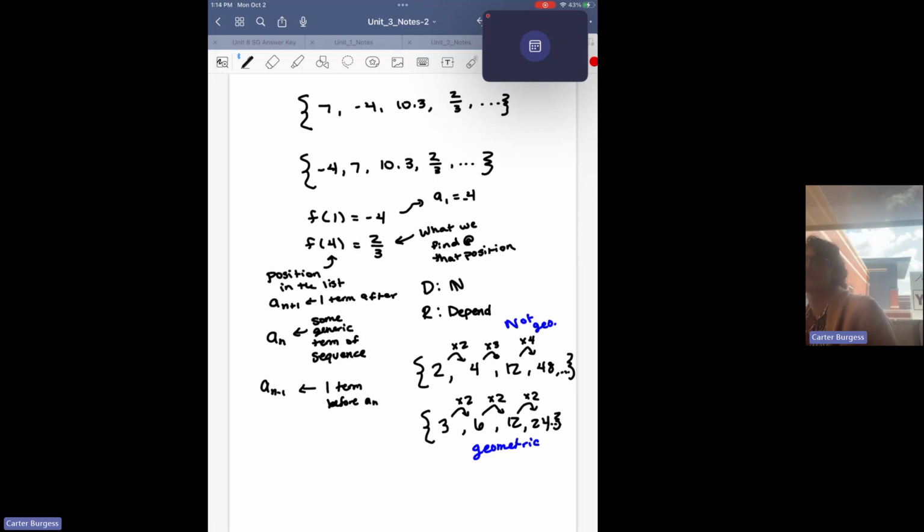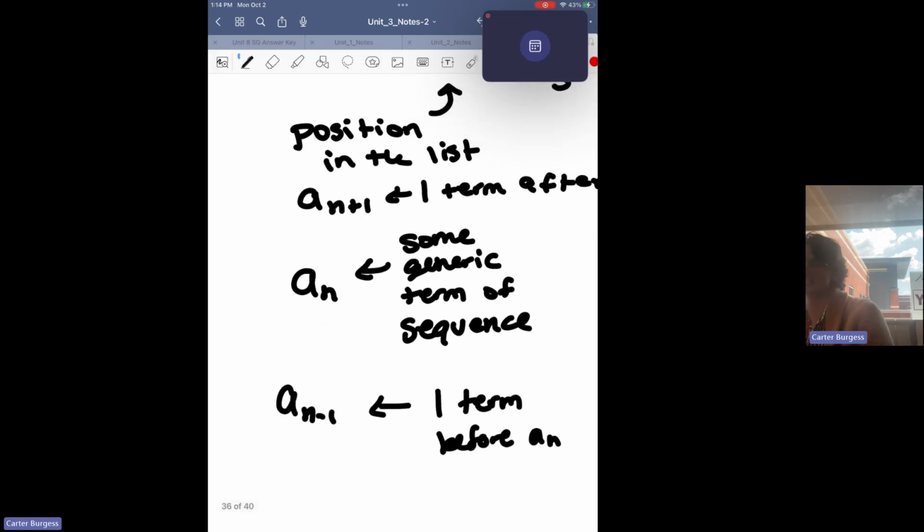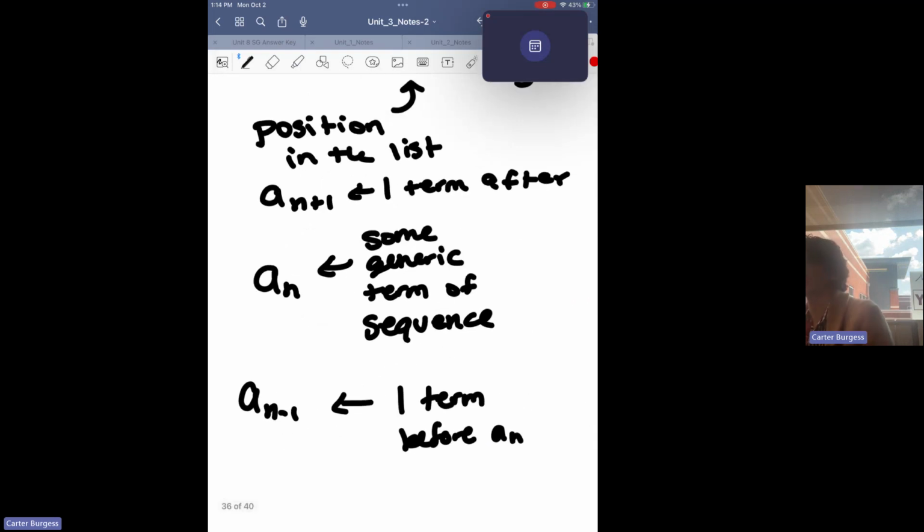We also talked about a couple of specifics. If I want to refer to a generic term, I would use a sub n. And a reminder that if I am referring to a sub n minus 1, then I am referring to the term that came immediately before that particular term.